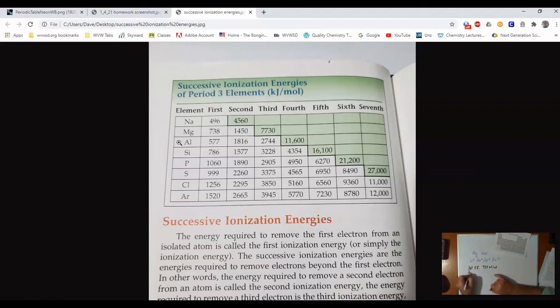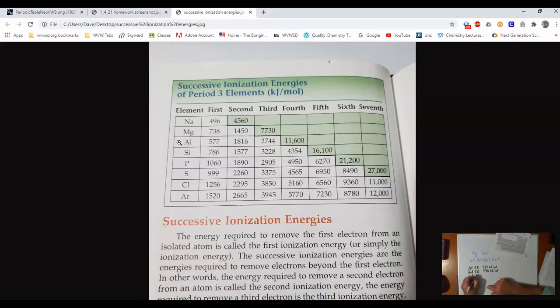The second ionization energy is 1450 kilojoules per mole. It's certainly larger, but it's only twice as large, unlike the sodium where we saw the second ionization energy was 10 times, not 2 times, 10 times.